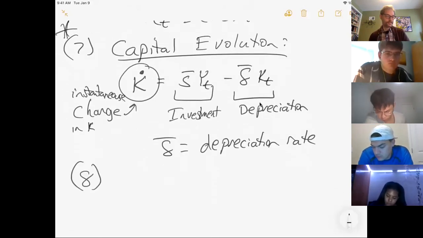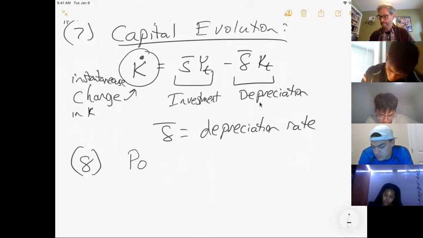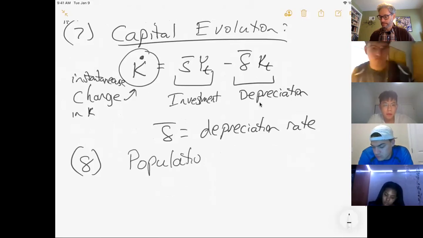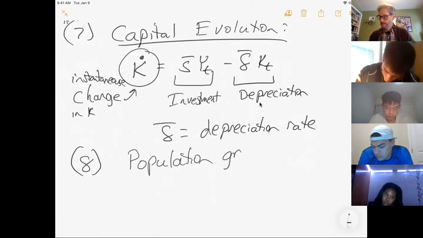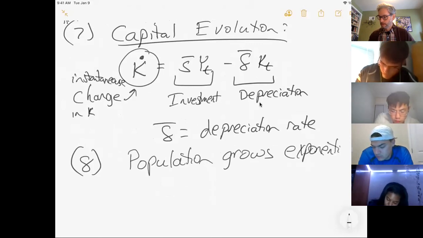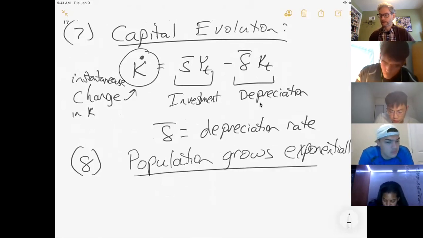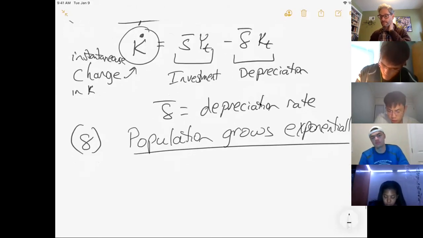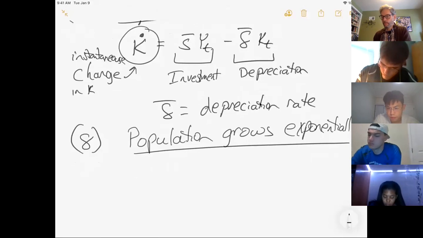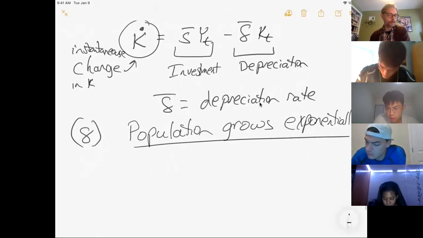Okay, one last assumption, and this is about population. We haven't talked about labor at all. So we're going to assume here that population grows exponentially. We're going to add population growth here.